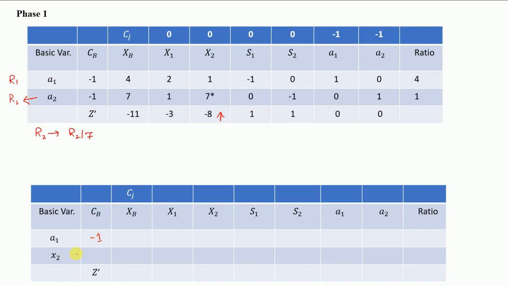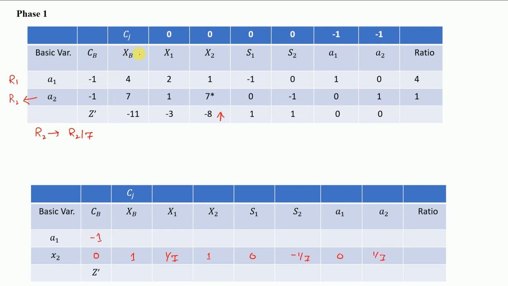For x2, in the objective function only A1 and A2 were there, so the coefficient of x2 will be 0. Now from here onward we will calculate. Divided by 7, so this is 1, this is 1 by 7, this is 1, this is 0, minus 1 by 7, this is 0, this is 1 by 7.